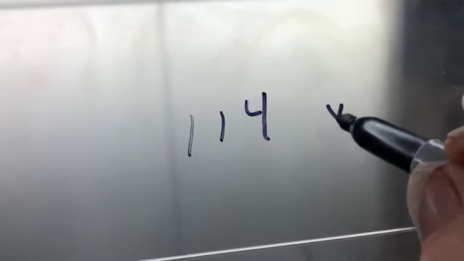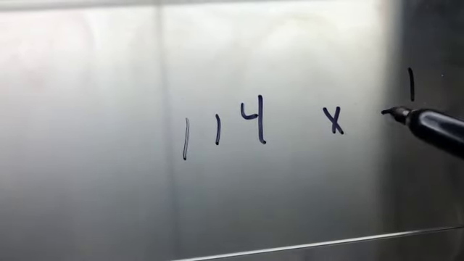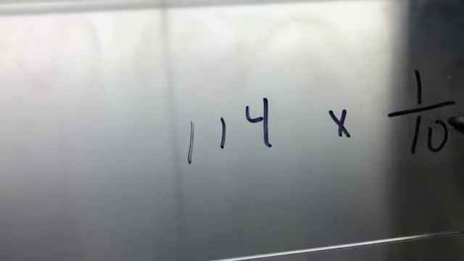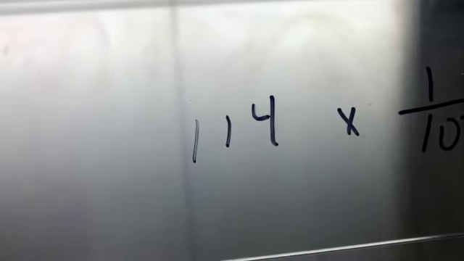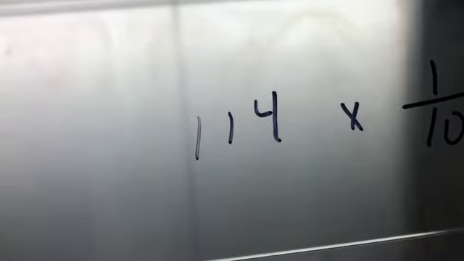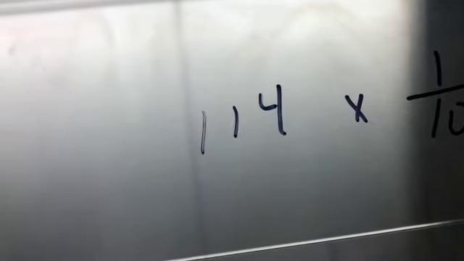So we have 114 times 1 over 10 to the minus 6 times 1 over 10 to the minus 1, because we plated a tenth of a mil. 3 drops was a tenth of a mil.